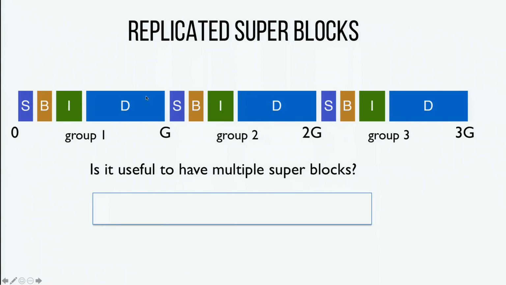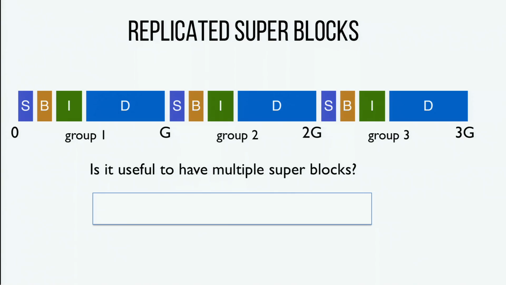All right, so one last question for you. I've replicated the super block here a bunch of times. So why might you want to do that? The super block will be exactly the same in all of those groups because it's describing the whole file system. It's describing things like the size of the blocks, where the inodes are located, how many inodes there are, and stuff like that.